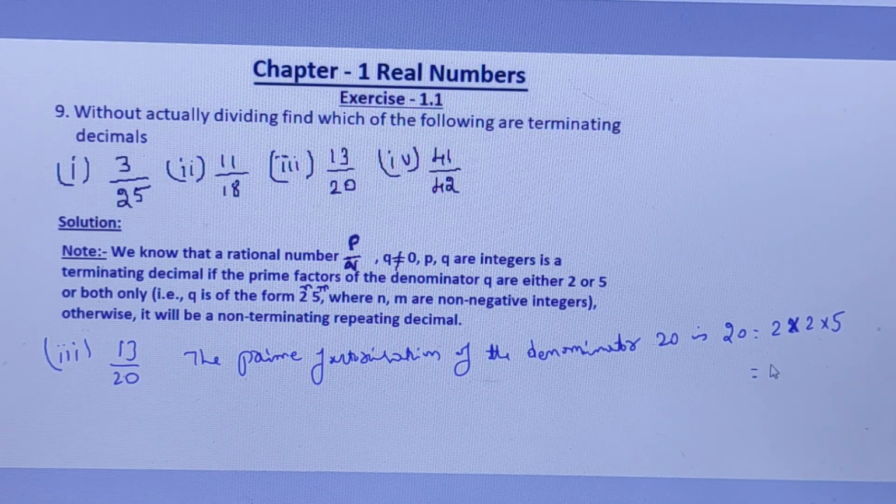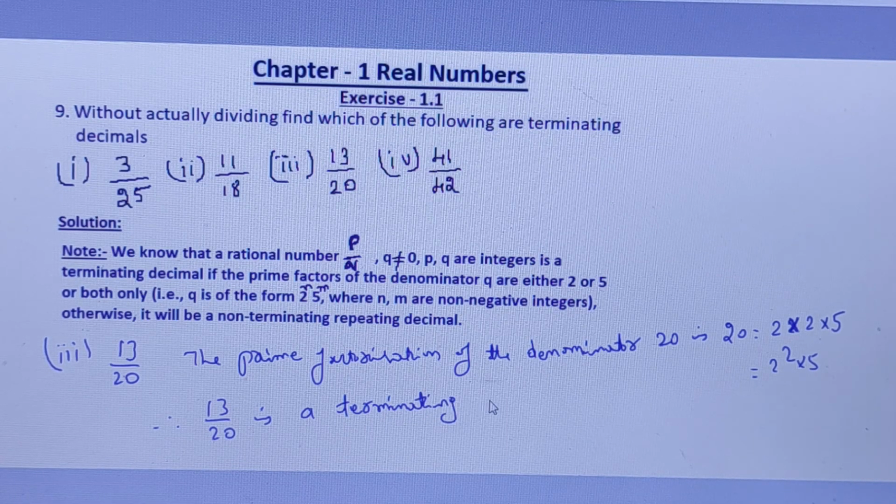This is nothing but 2 square into 5. So this is of the form 2 power n 5 power m, right? Therefore, 13 by 20 is a terminating decimal. In the examination, please don't forget to write this note, okay, while answering the question.